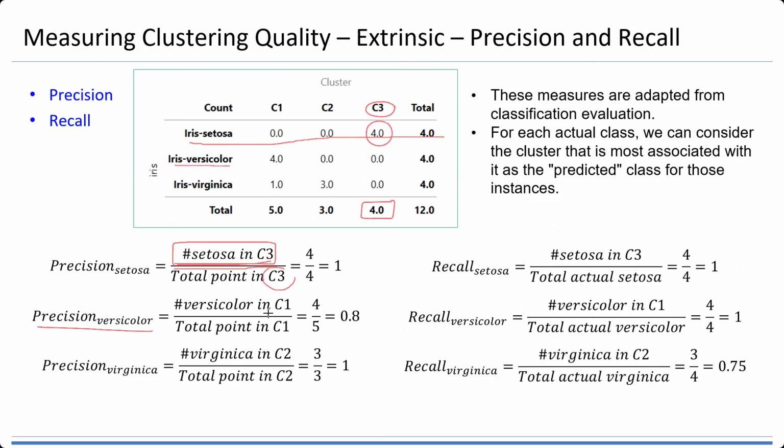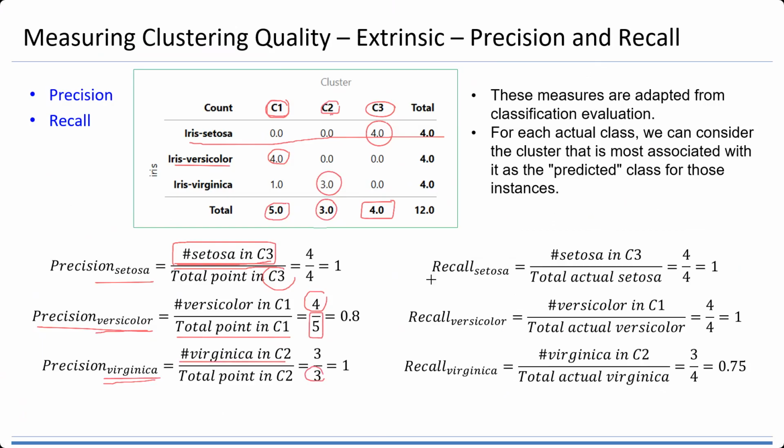We want to know this in C1. Then we have 4 divided by the total points in C1, which is 5. And then for Virginica, we want to check the number of Virginica in C2, which is 3, and the total points in C2 is 3. This is the precision of setosa, this is the precision of versicolor, and this is the precision of Virginica.